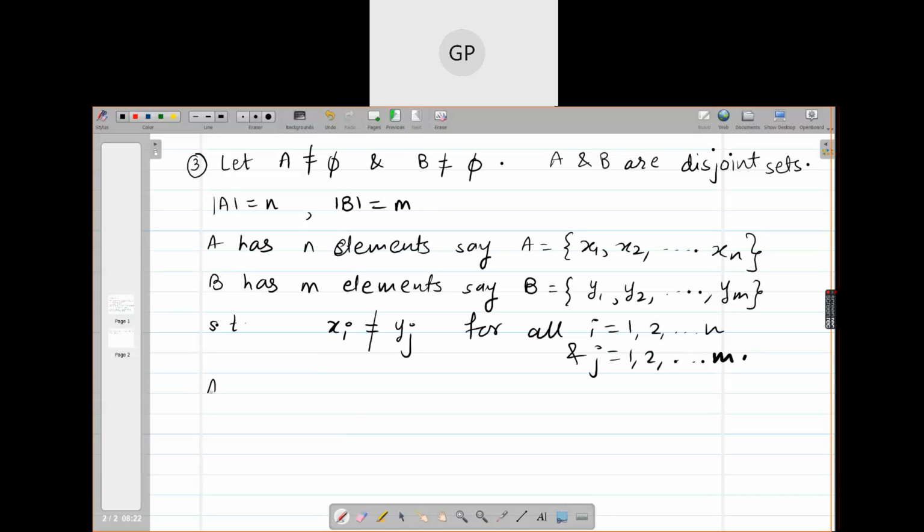So all the xi's and yj's are distinct elements. Are you getting this? A and B have nothing in common. So no xi is equal to yj.